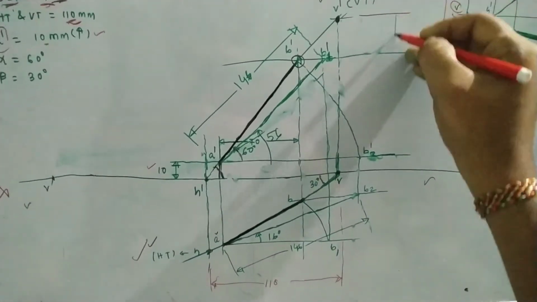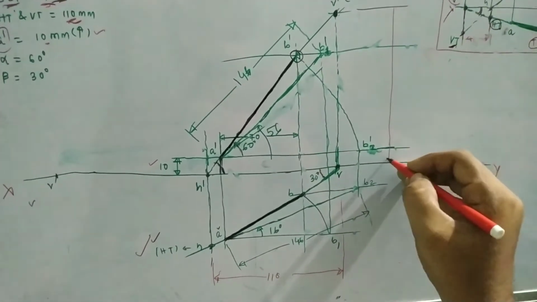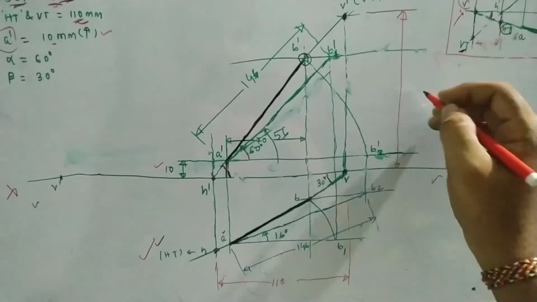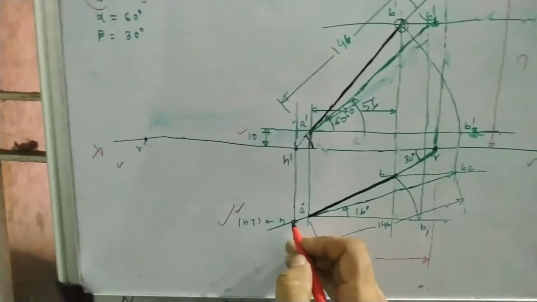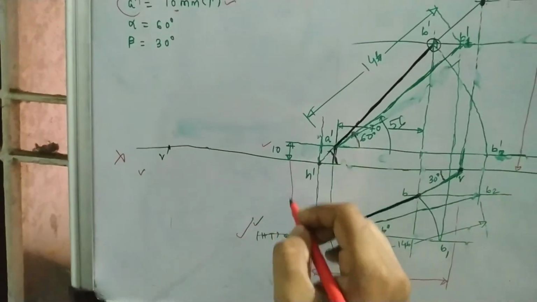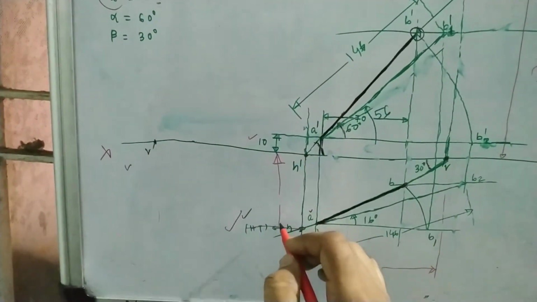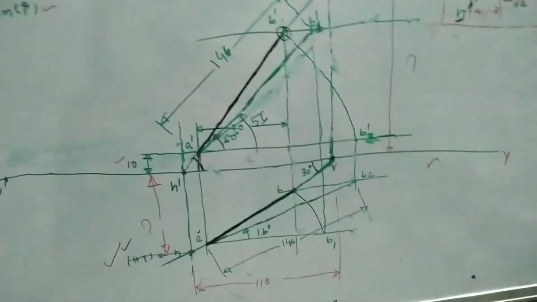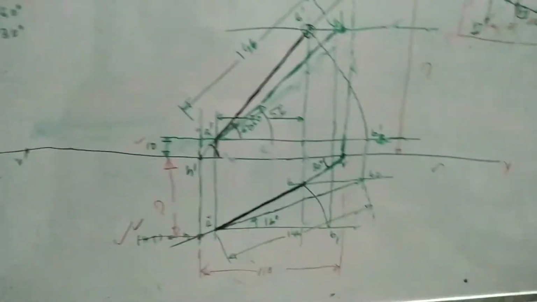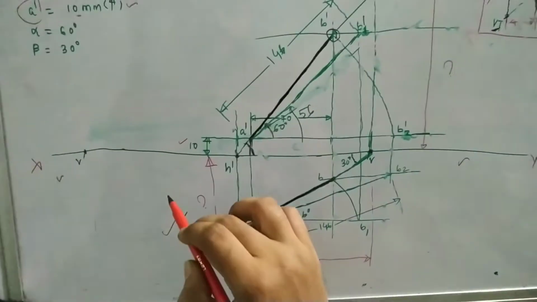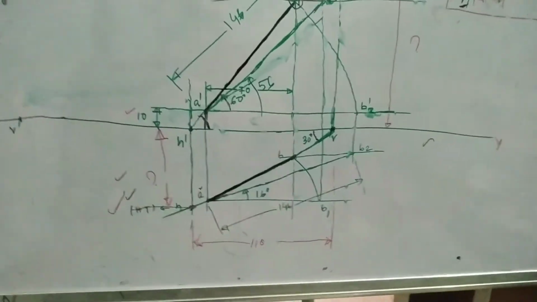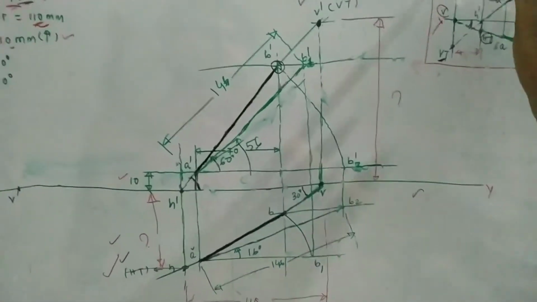So the distance between your reference plane and your vertical trace can be calculated, and the distance between the horizontal trace and the reference plane also can be measured. Okay, so this much is clear. Then the next thing we have to find out is the true length.